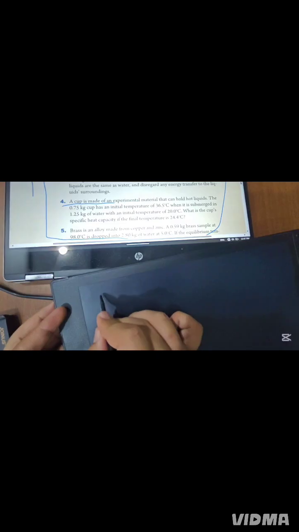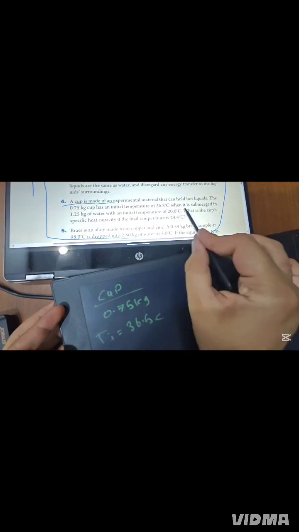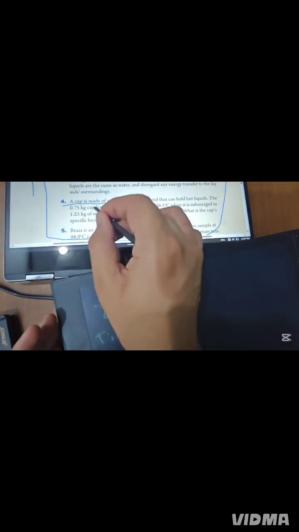So this is the mass of the cup, 0.75 kilogram. It has the initial temperature, so the Ti of the cup is 36.5 Celsius.